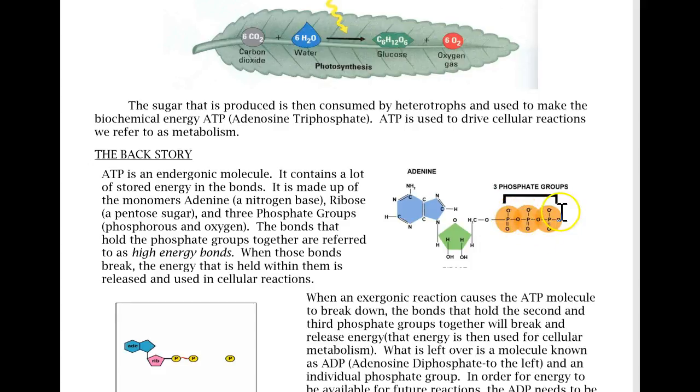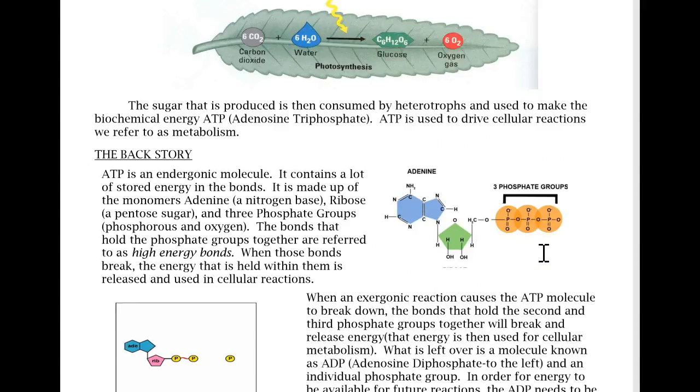Because there are 3 phosphate groups, this is known as the triphosphate. Adenine and ribose together make the part of ATP that is known as adenosine, and these 3 phosphates make up the triphosphate. So there's a ton of bonds in this chemical compound.